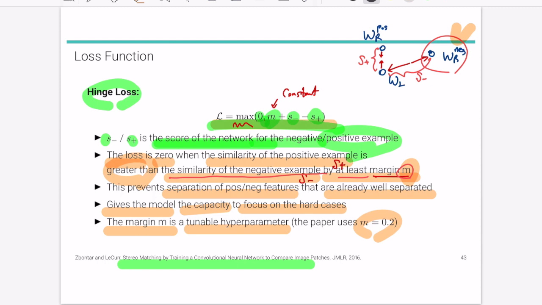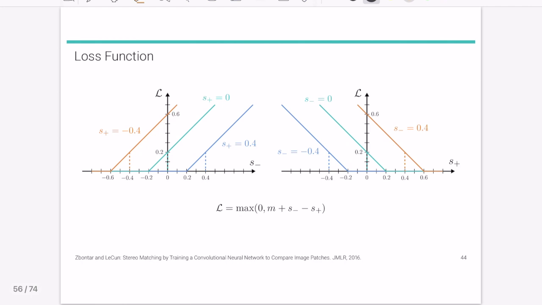So when you draw the loss graph, it should be like that. Again, L is equal to max(0, m + S minus - S plus).